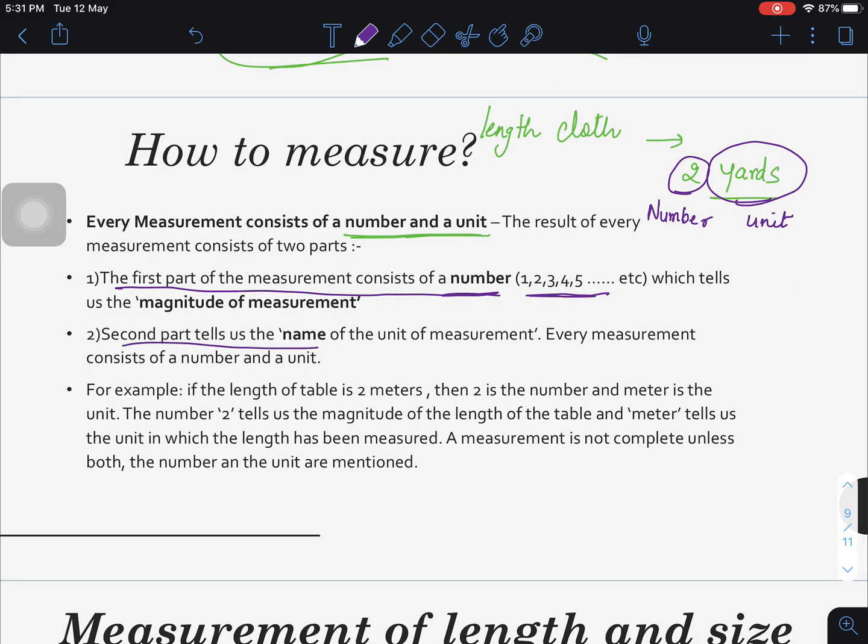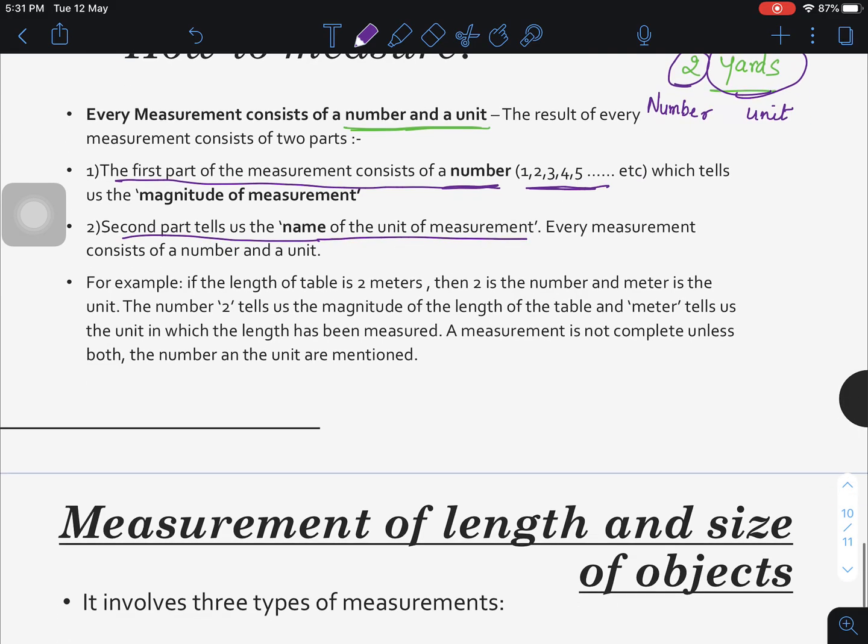ठीक है, सेकेंड पार्ट इज़ the name of the unit. ठीक है, अब there is one example also. You must have heard about meter. ठीक है, so if the length of a table is 2 meter, then 2 is the number, while meter is the unit. Okay, so whenever you have to measure something, there are two things.